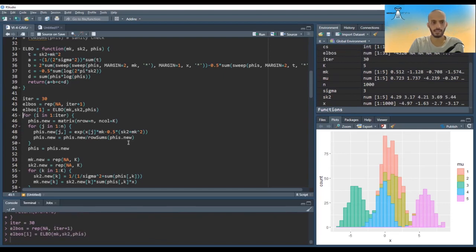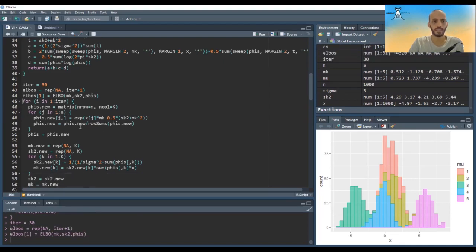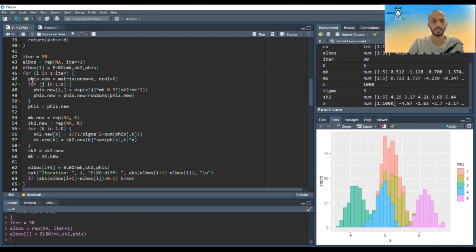I also keep track of the ELBOs. And now here is where I do the CAVI algorithm. First I do the updates for the phis. I take the m_k and s_k to be constant, basically the previous versions of them, and I update the phis.